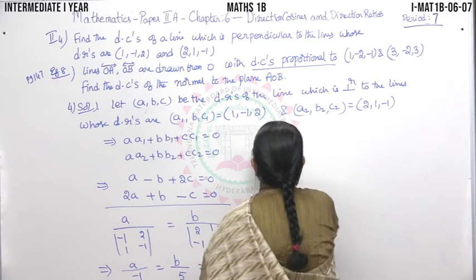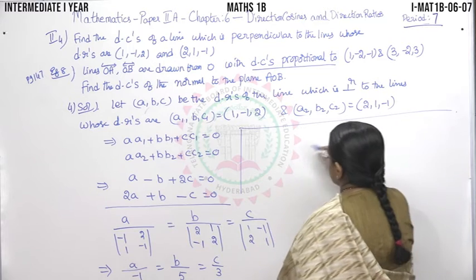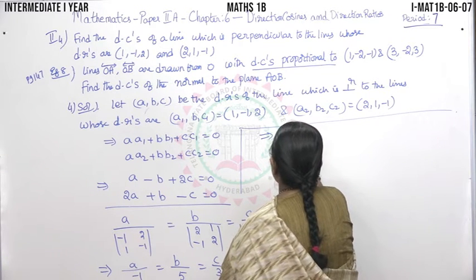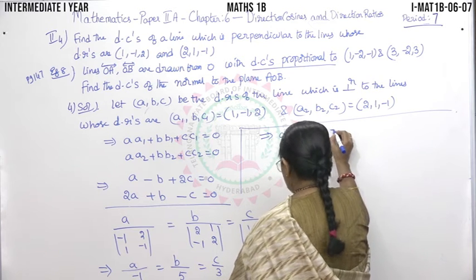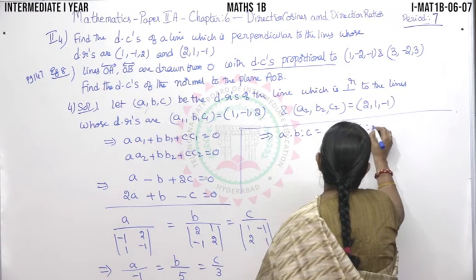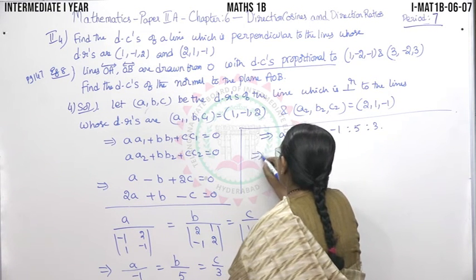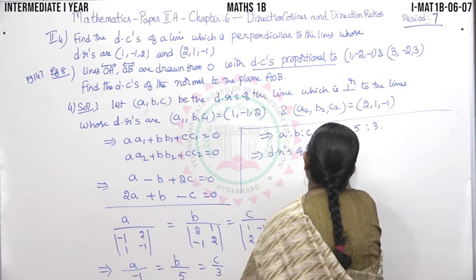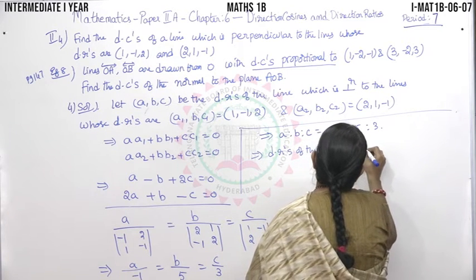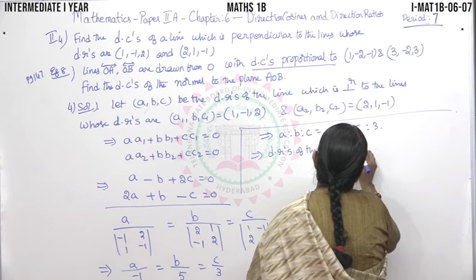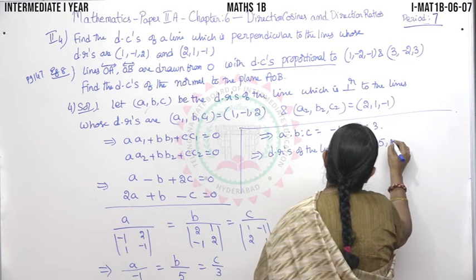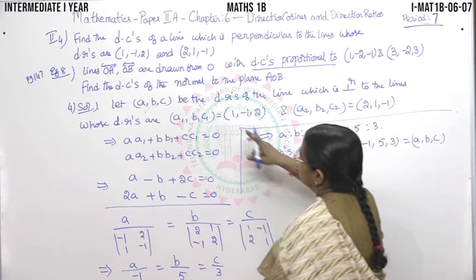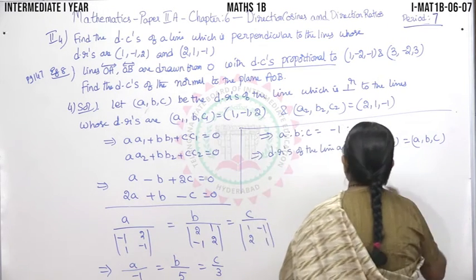Therefore a is to b is to c is equal to -1 is to 5 is to 3. So the direction ratios of the line are -1, 5, 3. We assumed the direction ratios of the line as a, b, c.